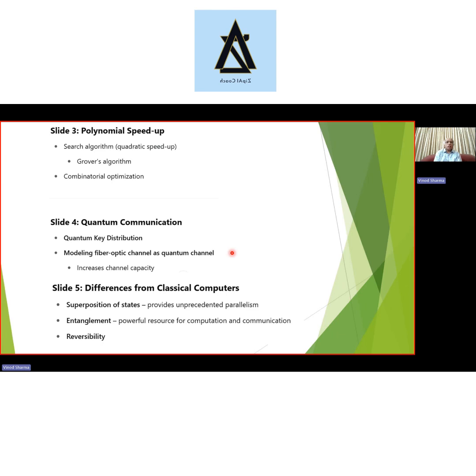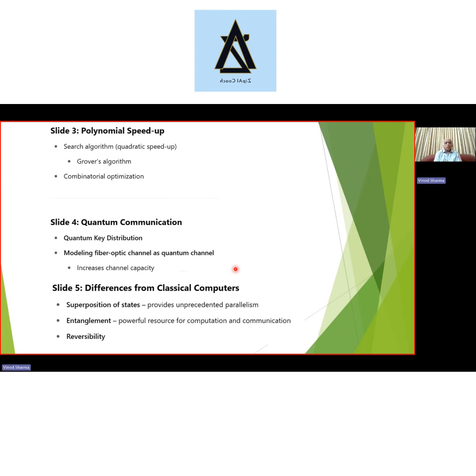However, we can model fiber optic channels as quantum channels as well. And if you do that, then it increases the channel capacity of such channels. This is very, very important because most of the communication is taking place in fiber optic channels. So this is another important application of quantum computing, which leads to quantum communication as well.